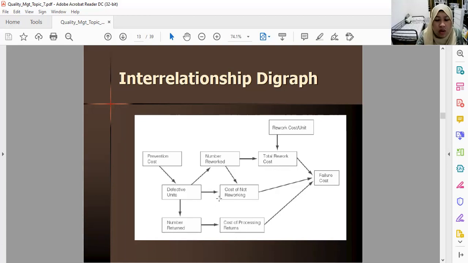Then the cost of not reworking, meaning if the product is not working. So whatever we keep doing previously, this product will have its own cost, and the number returned, how many products have been returned, and the cost of processing returns, because you have to give some compensation to the customers.